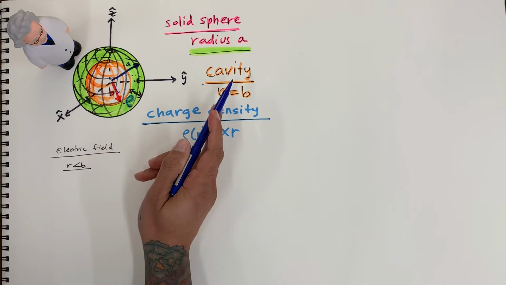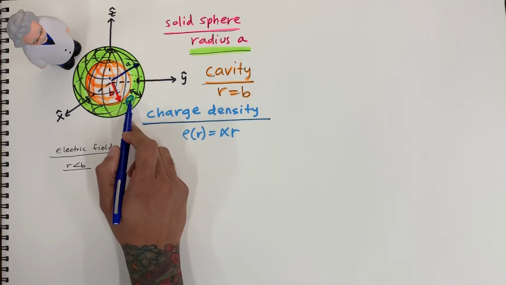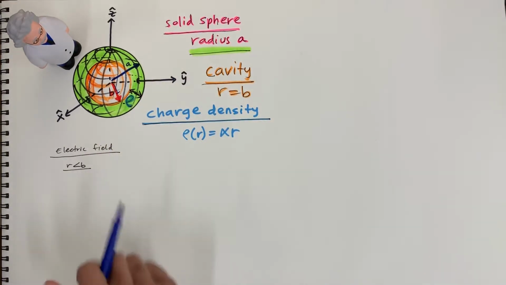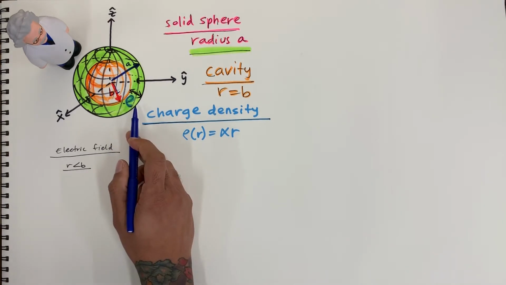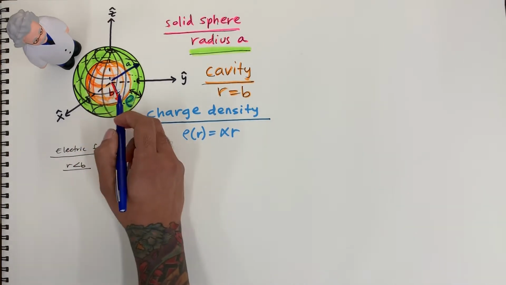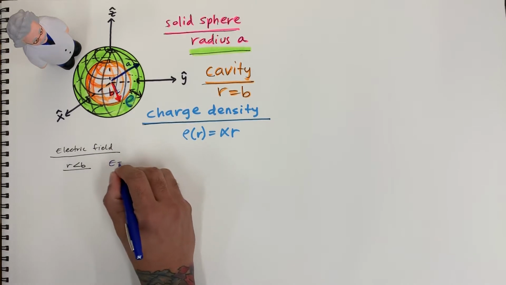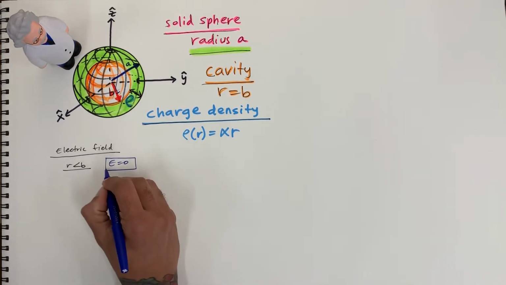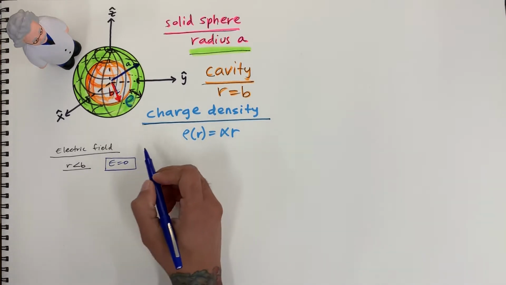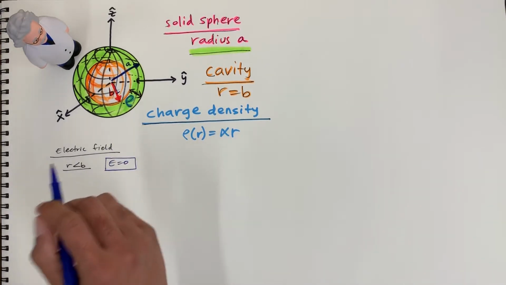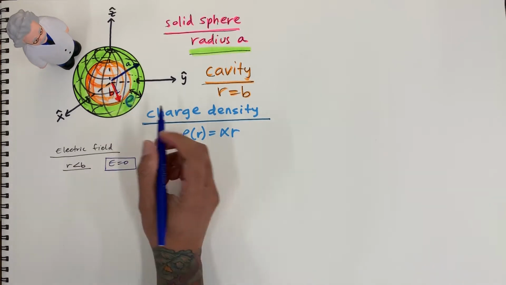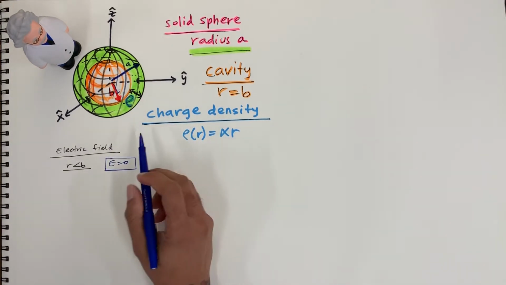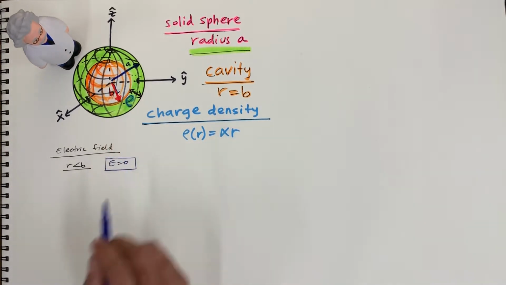Well, there's a cavity and there's charge density outside, so it's a solid sphere. And so the electric field inside the cavity is going to be 0, because the electric field inside an empty cavity is always 0. Okay, so that's one thing we need to always remember.